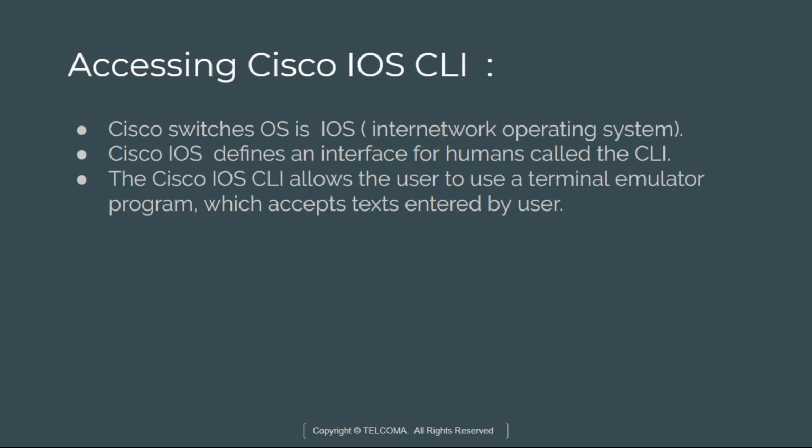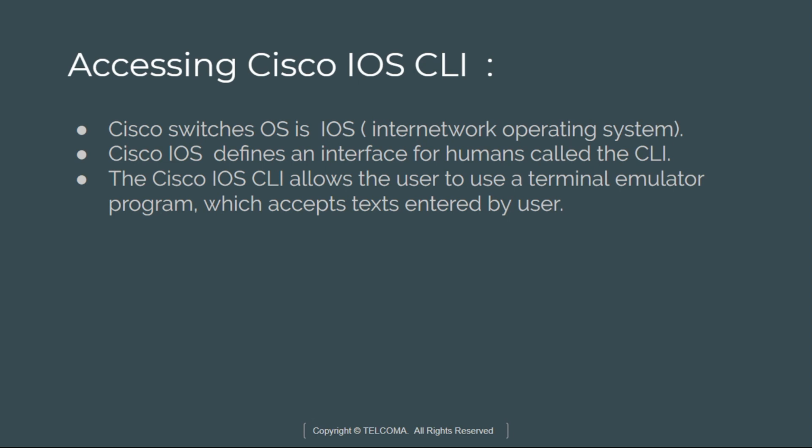Accessing the command line, the IOS CLI. Cisco switches need some kind of software, an OS. It's called the Internetwork Operating System, IOS. It defines an interface for humans, which is called the command line interface.